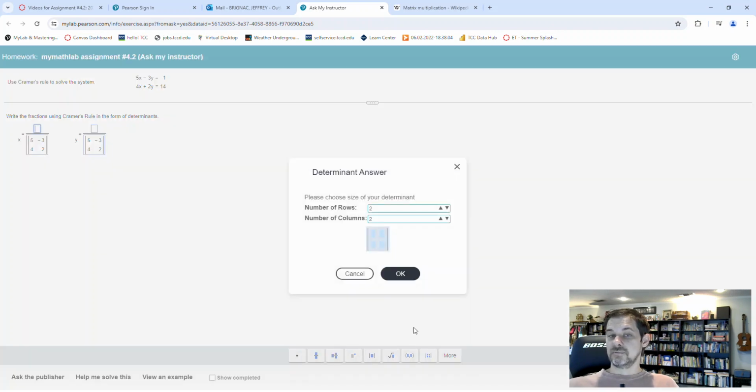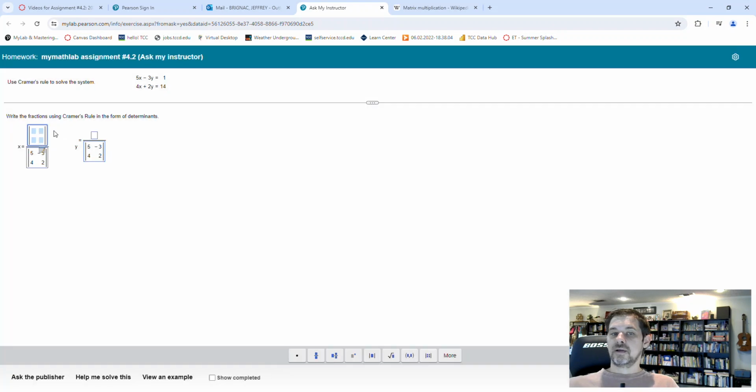So here's what I do. I replace the x column, and I say that this first column right here is the x column because look up in our original problem. This column right here, the first one with the 5 and the 4, is where the x's are. I replace it with these numbers on the other side of the equal sign, which I have not used yet.